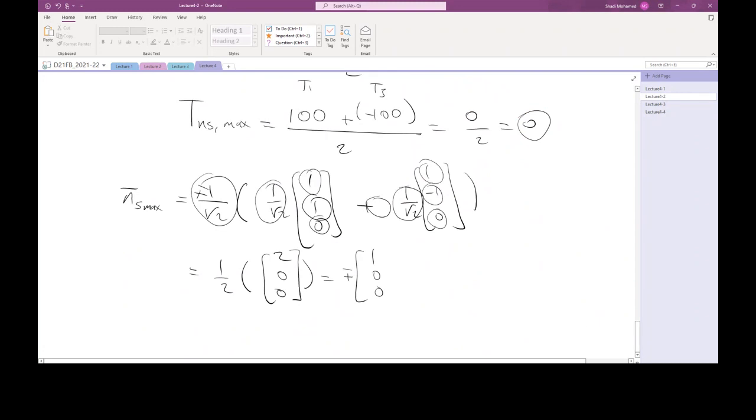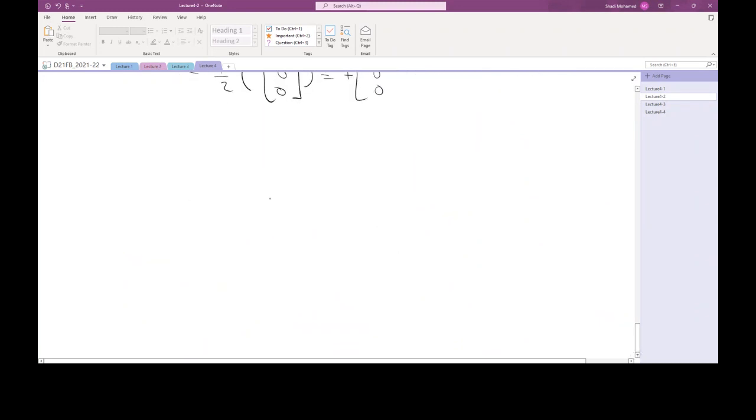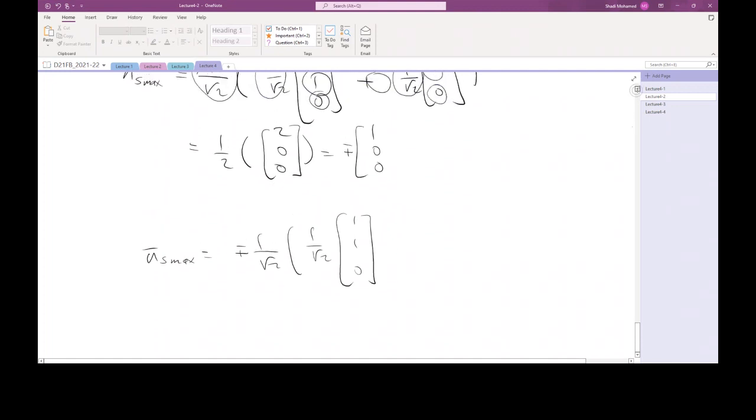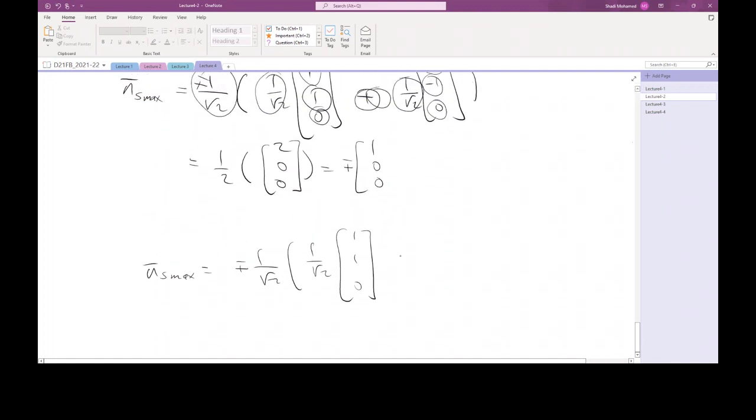The alternative to that is just to have ns max to be again plus minus 1 over square root of 2 multiplied by 1 over square root of 2, 1, 1, 0. Now, instead of the plus sign here, I'm just going to use a minus sign. Again, 1 over square root of 2, 1, minus 1, and 0.